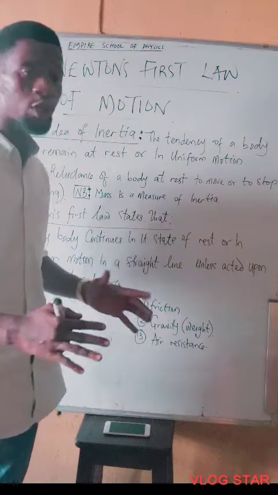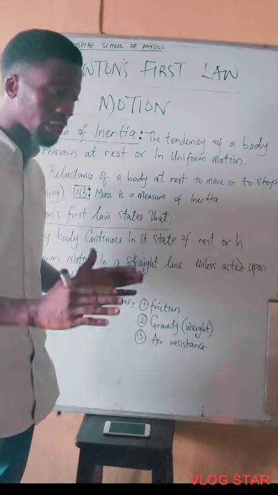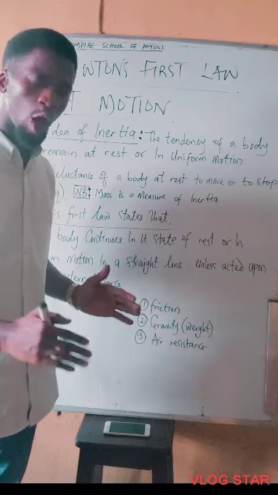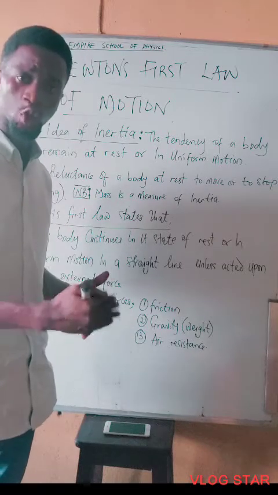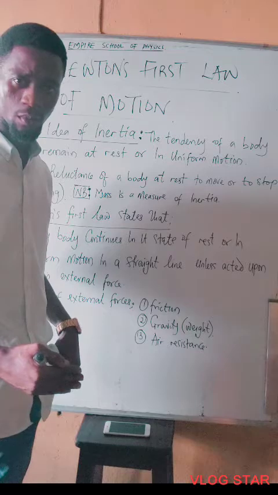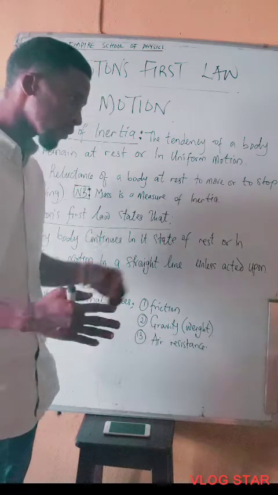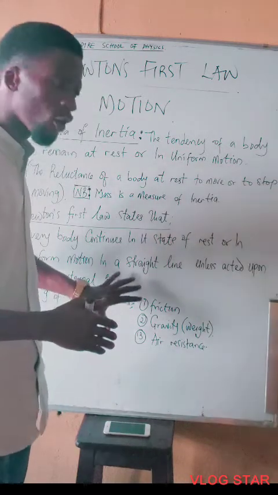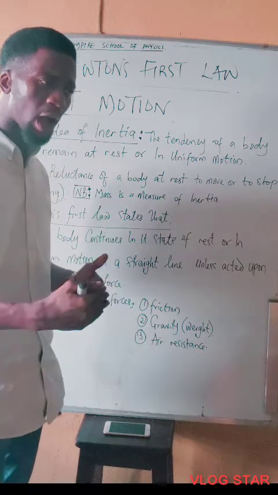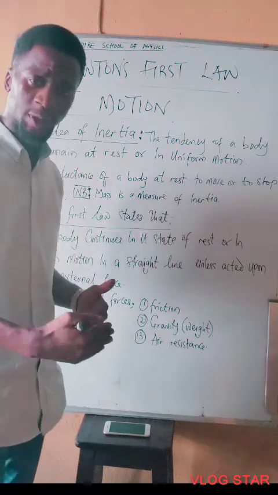So in summary, Newton's first law of motion is telling us that any body at rest wants to continue to rest, and a body that is moving wants to continue to move. But these things can change when external forces act on these bodies. Now, let us explain Newton's first law the way we experience it in everyday life. You are in a car and the car is moving with a certain speed.